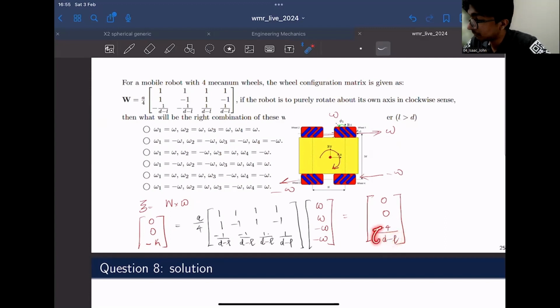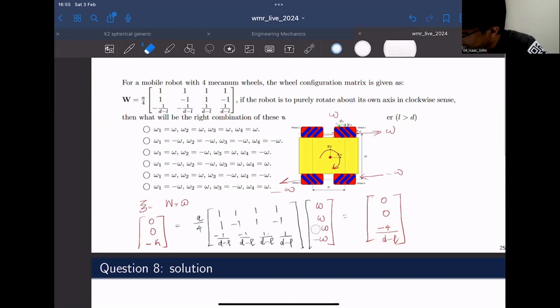So in effect, this entire term would be positive. d minus L could be negative, so this negative and this negative would get cancelled, and that becomes positive. If that is the case, then the mobile robot would rotate in counterclockwise direction, but we want it to rotate along clockwise direction.